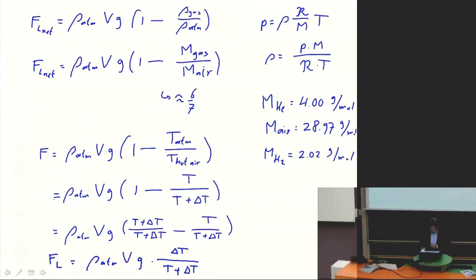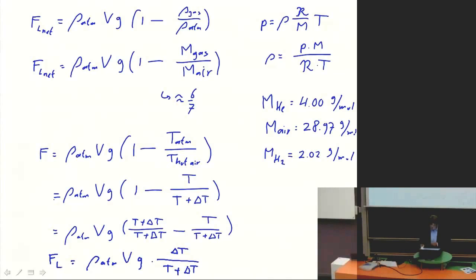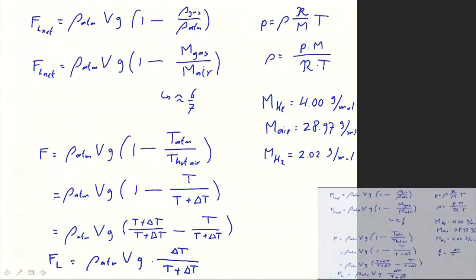If we say 6/7 is equal to delta T over T plus delta T, by multiplying the diagonals, we can say that 6 times T plus delta T is 7 times delta T. If we take away the brackets, 6T plus 6 delta T is 7 delta T. In other words, 6T is delta T. Still following me so far?